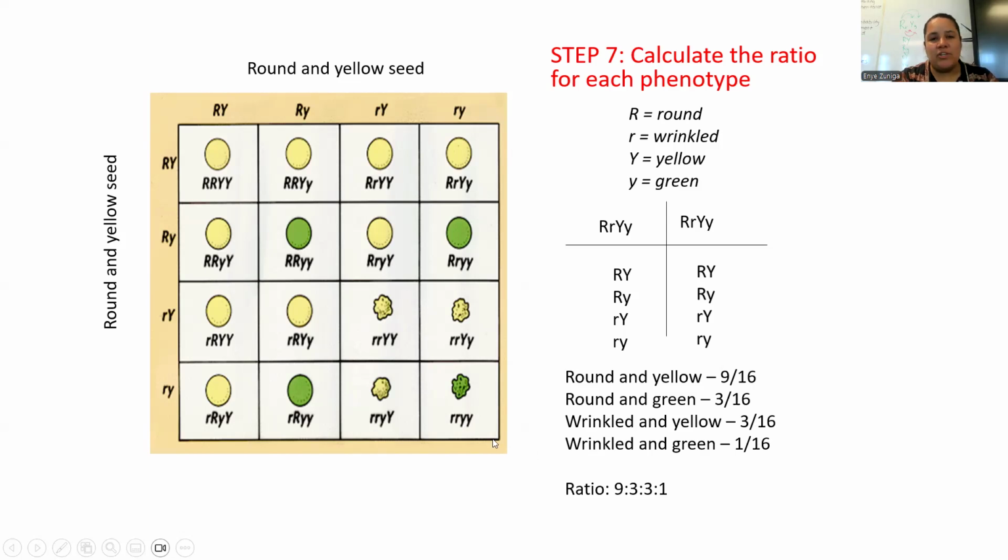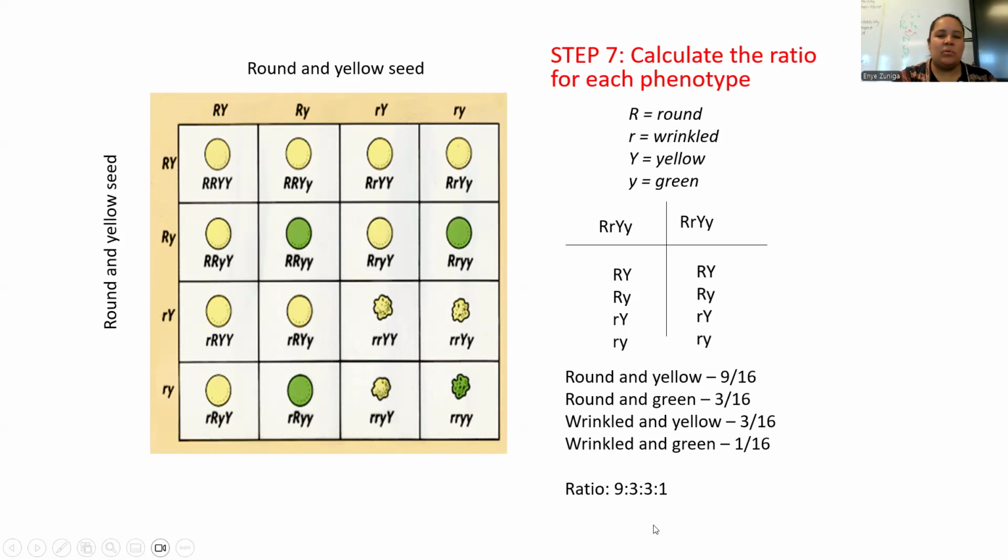And if you're writing your ratio, you would write it from more to less, 9 to 3 to 3 to 1. So for every 9 yellow, I have 3 green. For every, oh, I'm sorry, for every 9 round, I have 3 wrinkled. And for every 3 yellow, I have 1 green.